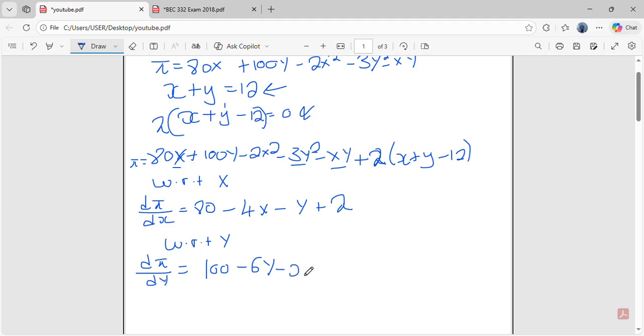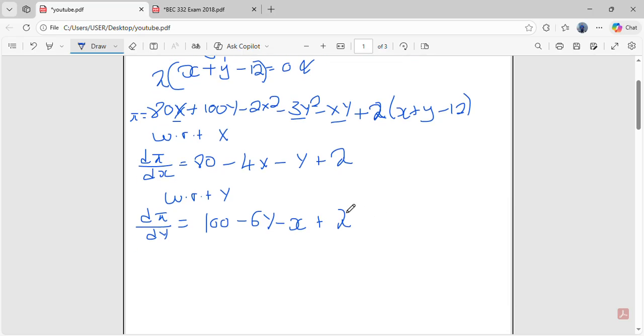Sorry, will be x. And the derivative of x will be 0, but the derivative of y will be what? 1. 1 times lambda will be lambda. And the derivative of negative 12 is what? 0.